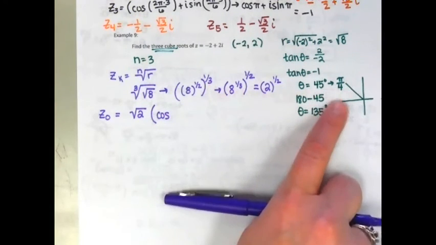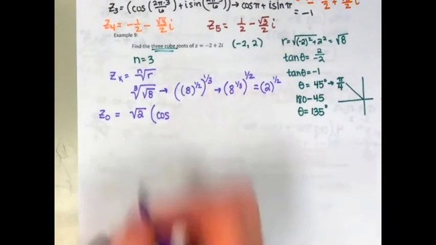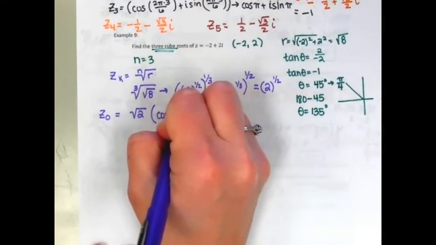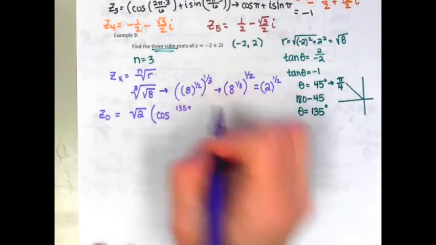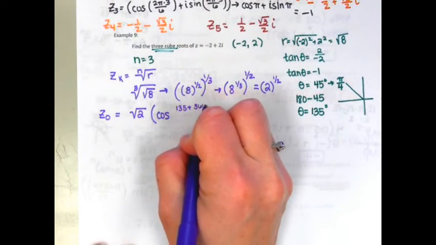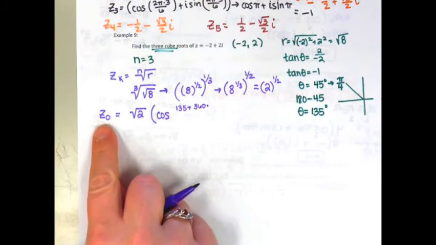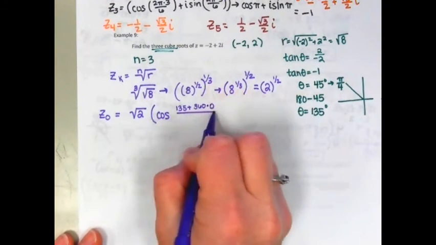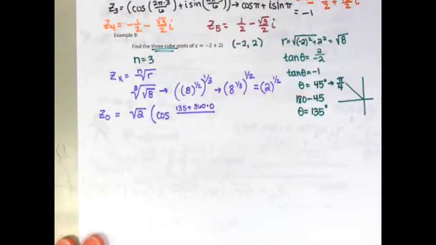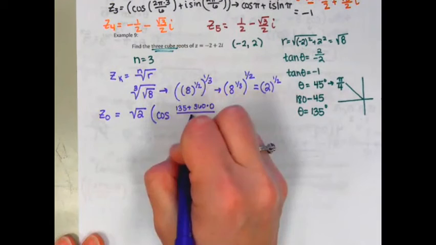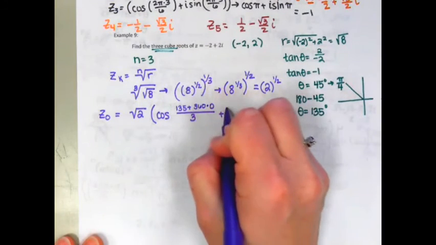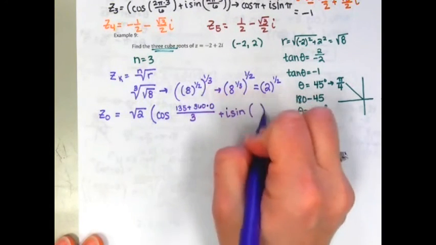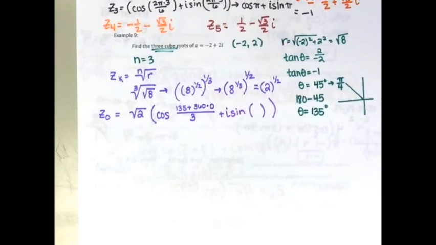Or if we want to do radians, I'm going to take 135 plus 2 pi, which is 360, times k. And what is my k in this problem? 0, right? Divided by my n. And what is my n? 3, plus I sine of that same thing. I'm not going to rewrite that.